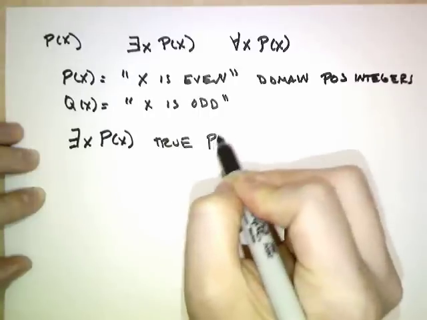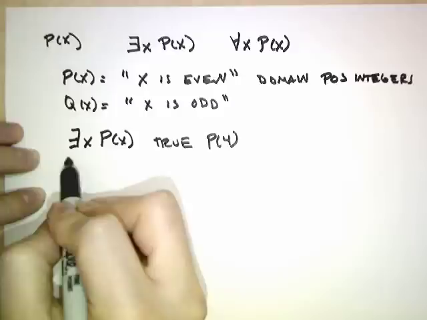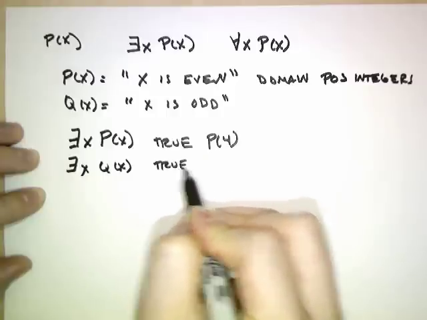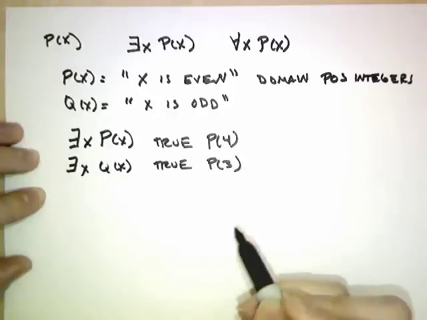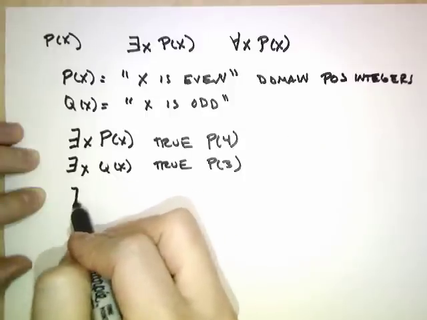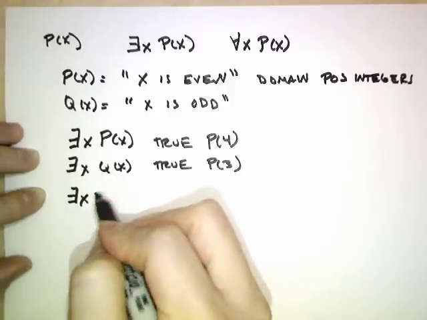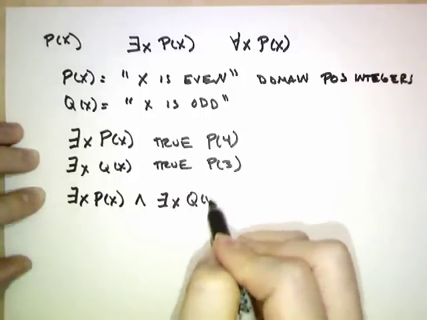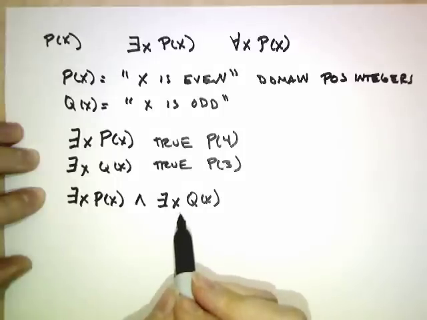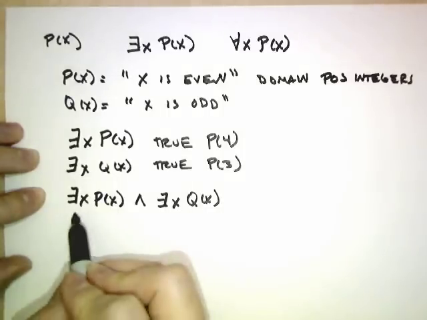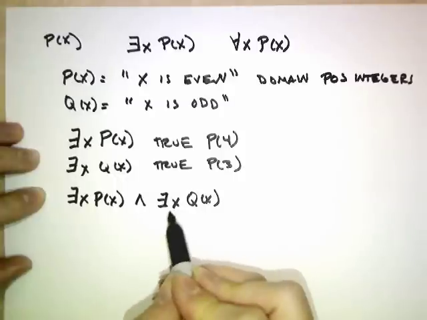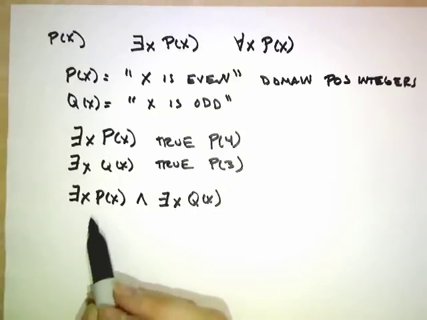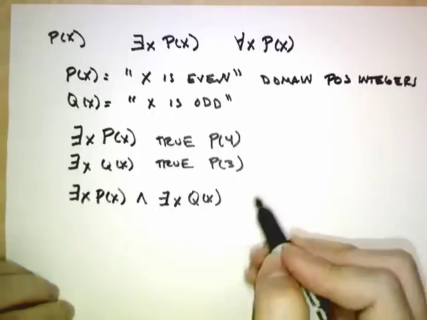For example, p of 4. How about there exists an x, q of x? This is also true. Q of 3. What about there exists an x, p of x, and there exists an x, q of x? Well, this is true. There exists an x, p of x is true, and there exists x, q of x is true. And as we saw last time when we were dealing with Boolean formulas, true and true is true, so this is true.